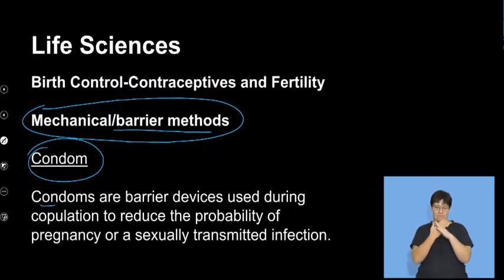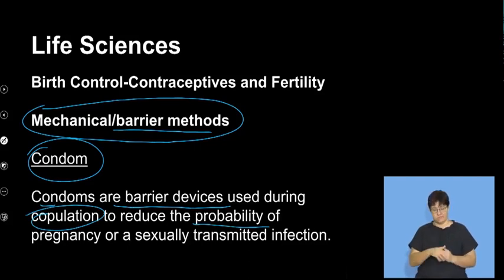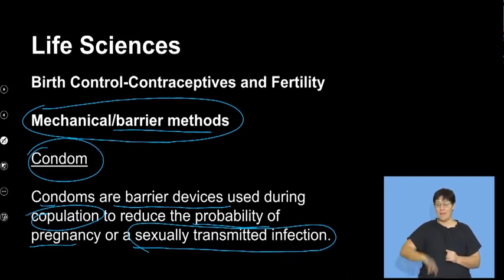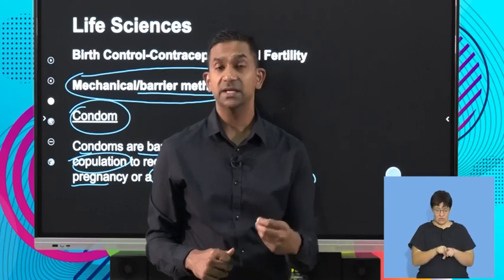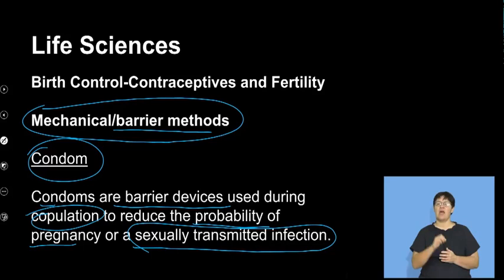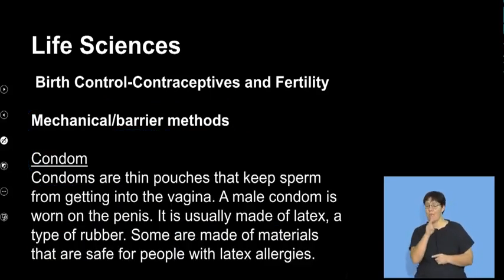So condoms are barriers, devices that are used during copulation to reduce the probability of pregnancy or sexually transmitted infections. One of the benefits of using a condom is that it prevents STIs, and it also works as an effective contraception. So we talk about sexually transmitted diseases, and it's important that we understand that these can be prevented using condoms. Condoms are thin pouches that keep the sperm from getting into the vagina.